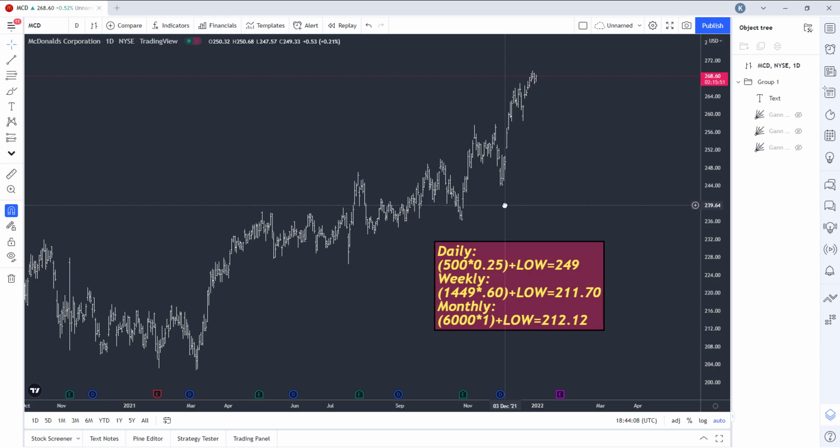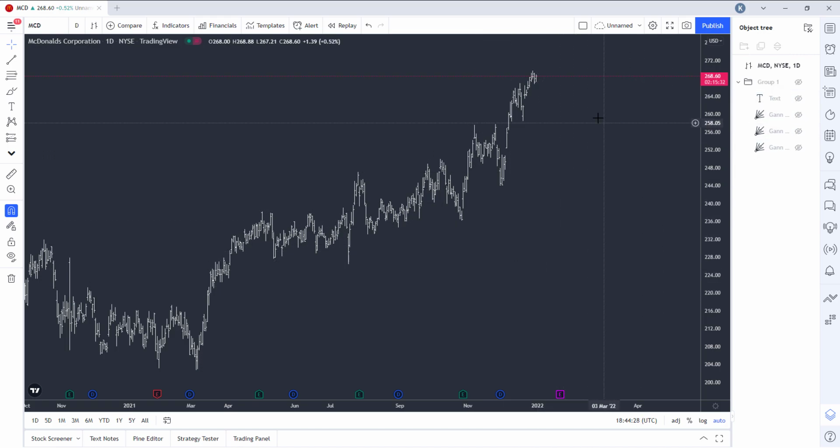Now, is this it? Is there anything else to these angles? Yes, there are a lot of things that go with this angle thing, because these angles are actually connected with the time cycle pivots.